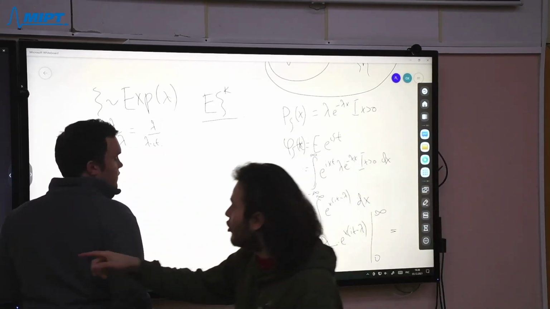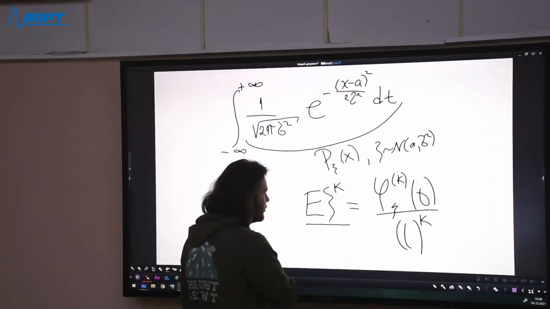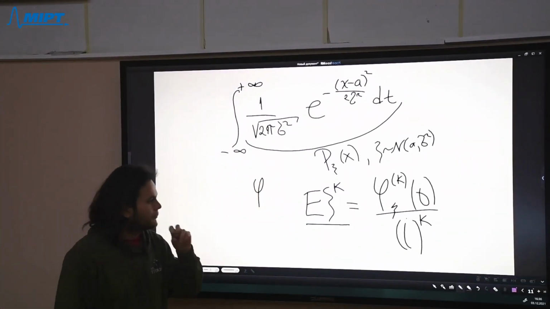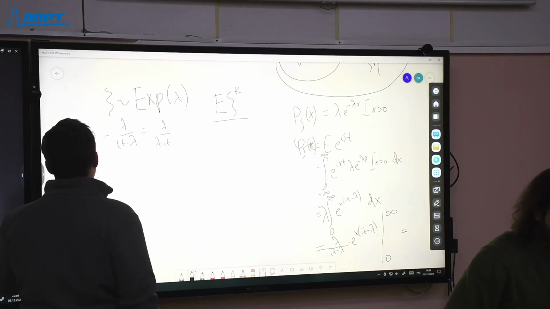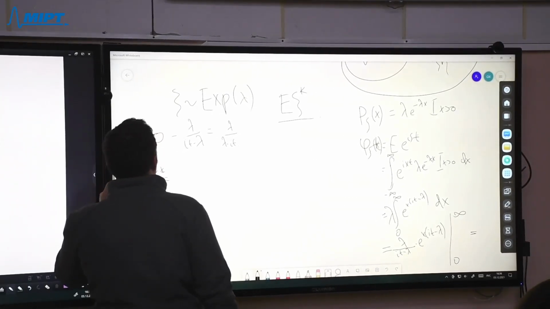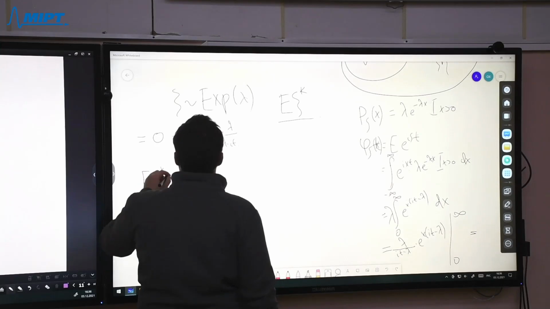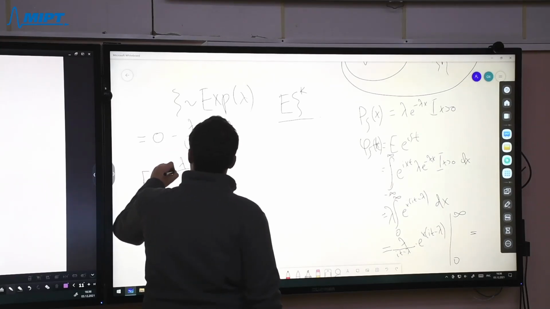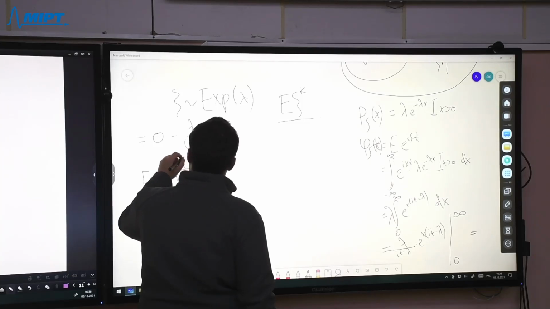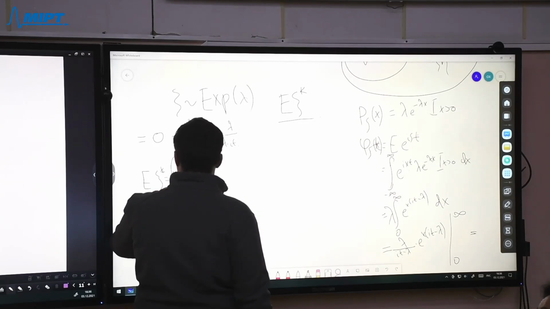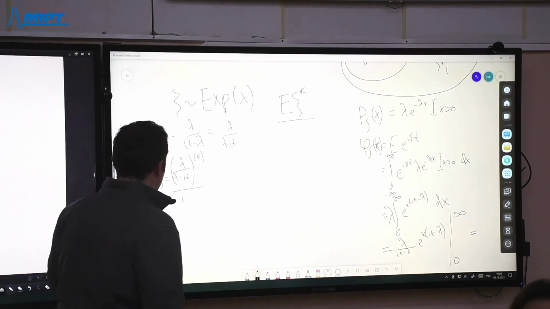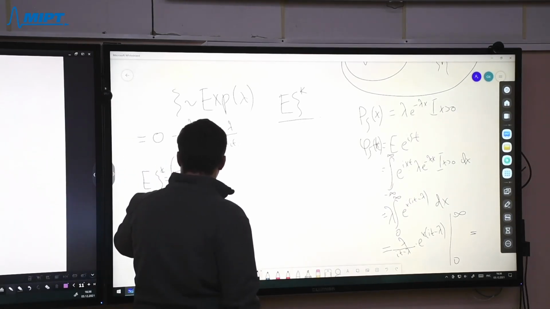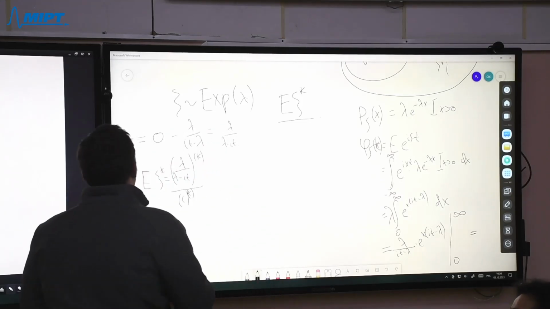Now that you know the characteristic function, you can find the kth derivative. I'm going to rewrite it first and plug in: lambda minus it, divided by i to the k, where i is the complex unit.